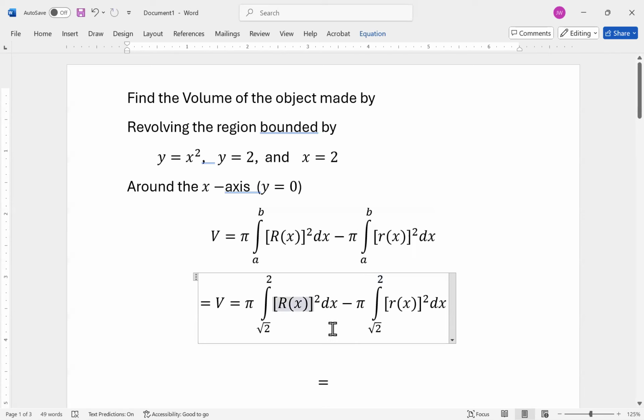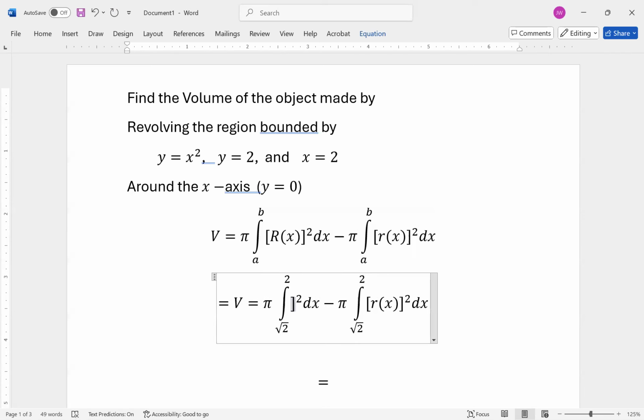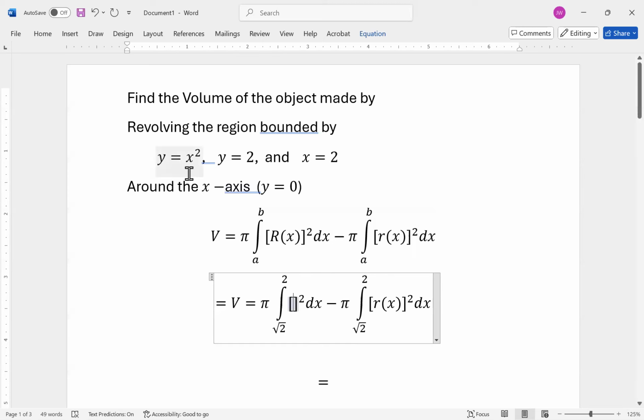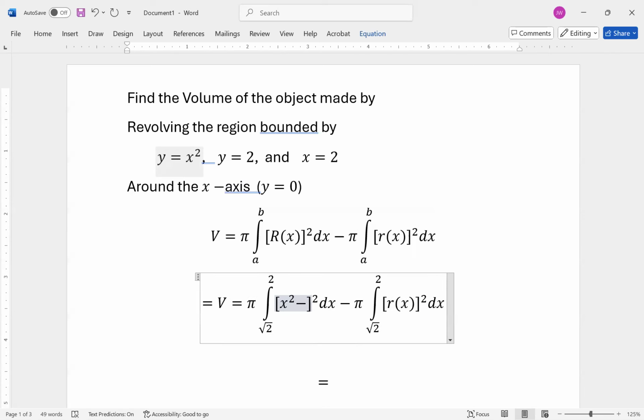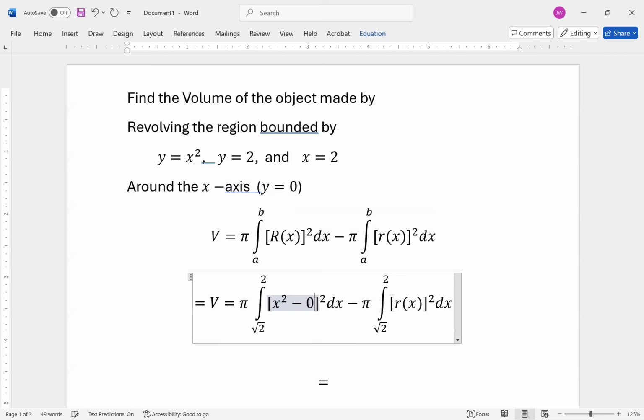The outside radius is going from the curve y equals x squared, so I'm going to use x squared, down to y equals 0, which is the x-axis, so down to 0. x squared minus 0, quantity squared. Make sure I have the quantity squared in there. So that gives me my disk method with the outside portions.